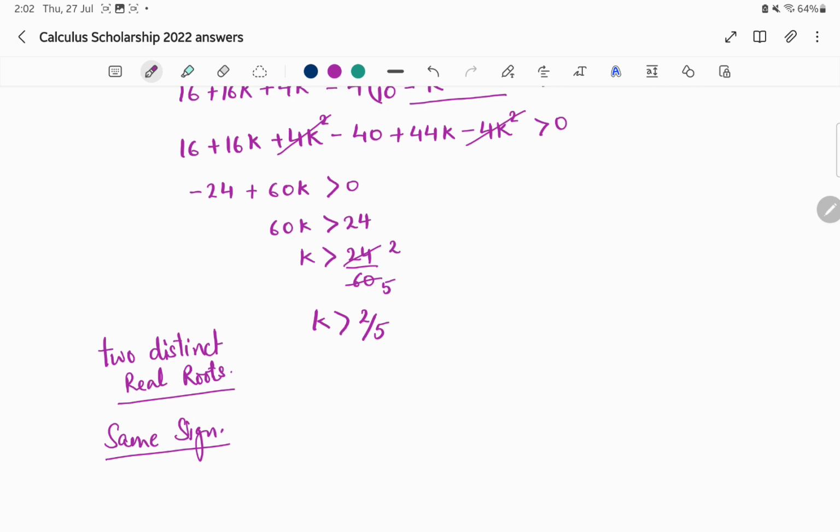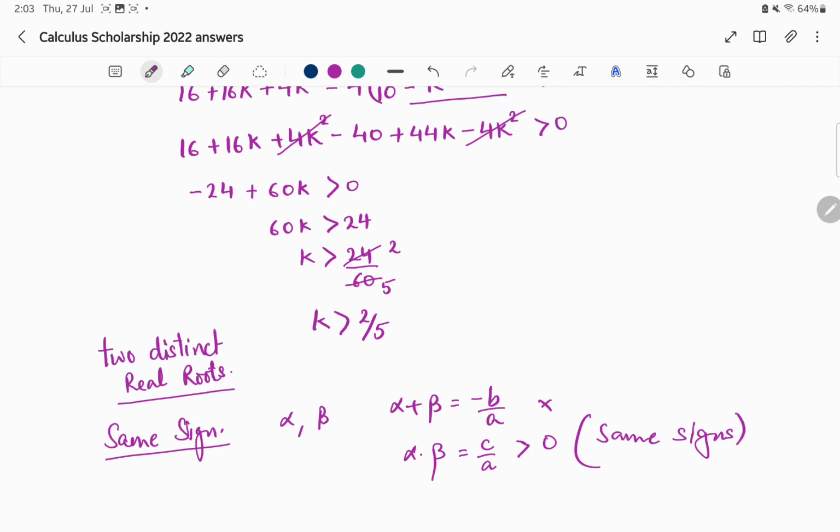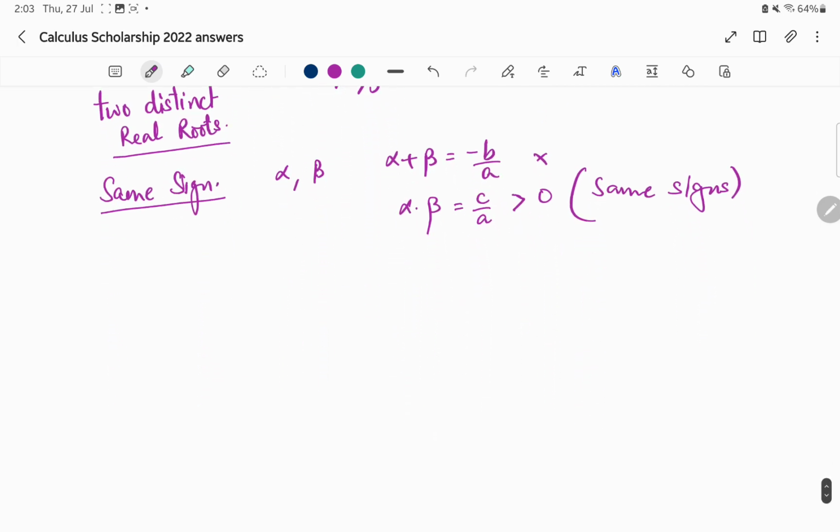And at the start of the question, I did explain that if alpha and beta are the two roots, alpha plus beta is equal to minus b over a, which is not being affected by the signs now, but alpha times beta is equal to c over a, which is always going to be greater than 0 when it is the same sign.